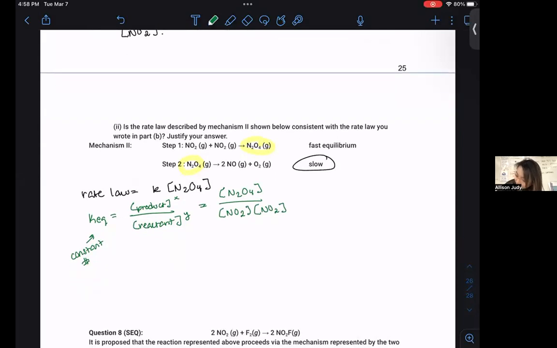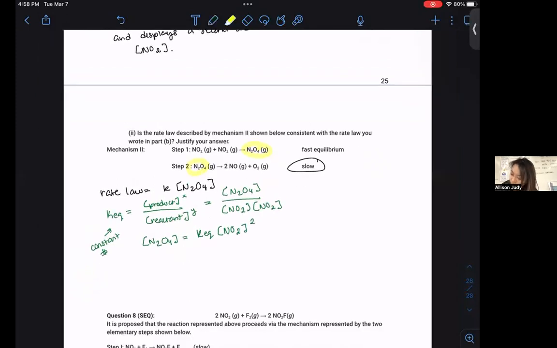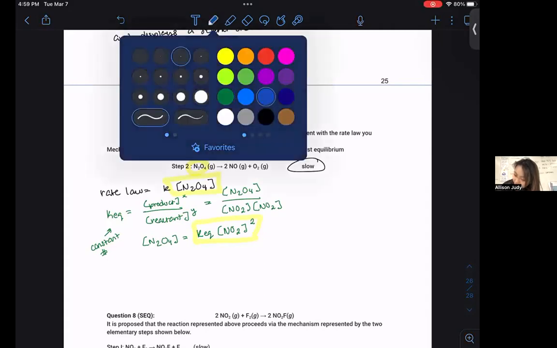If we manipulate the equation, the concentration of N2O4 is equal to some constant KEQ times NO2 squared. Then in our rate law, we sub in our equivalent for N2O4.